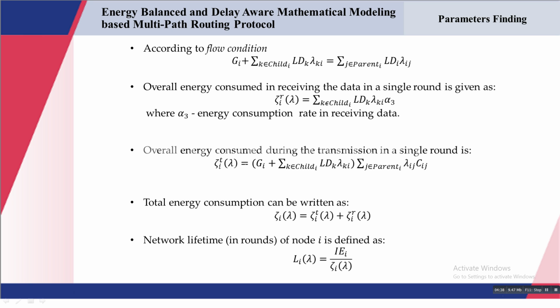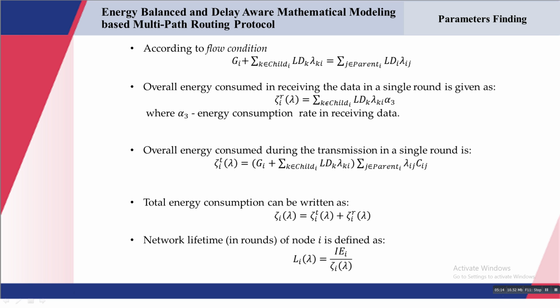Similarly, the energy consumption during transmission in a single round is given by the third equation. What this equation says: as I discussed in the first equation, gi plus the summation of ldk into lambda of ki represents the total load value on the ith node. This is multiplied by the summation over j belonging to the parent of i of lambda ij into cij.